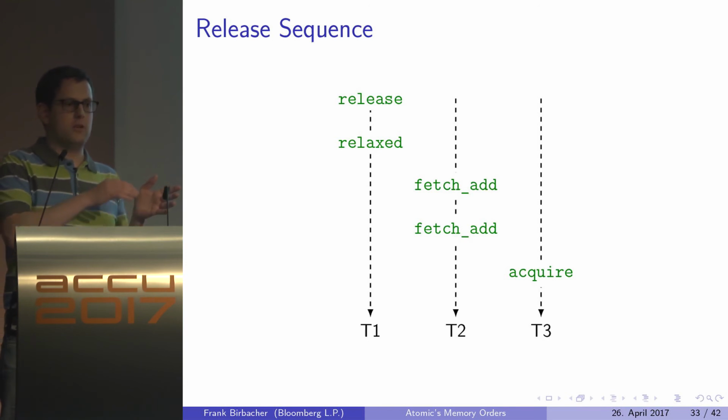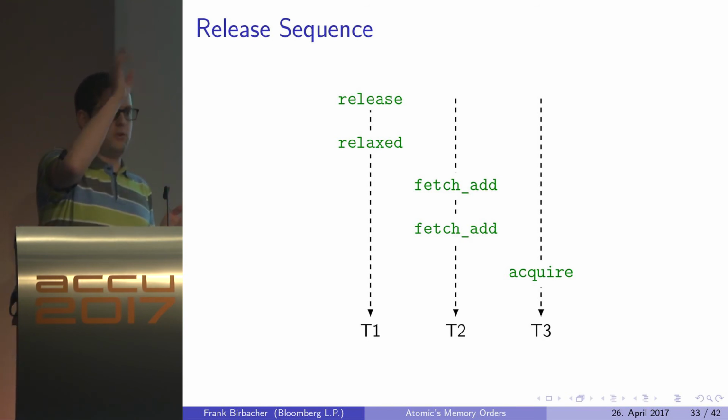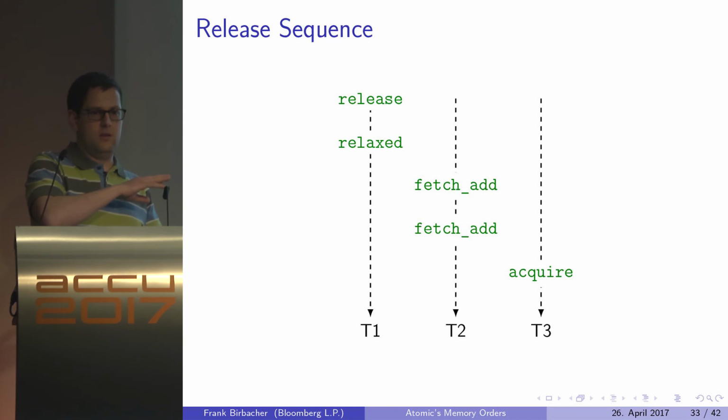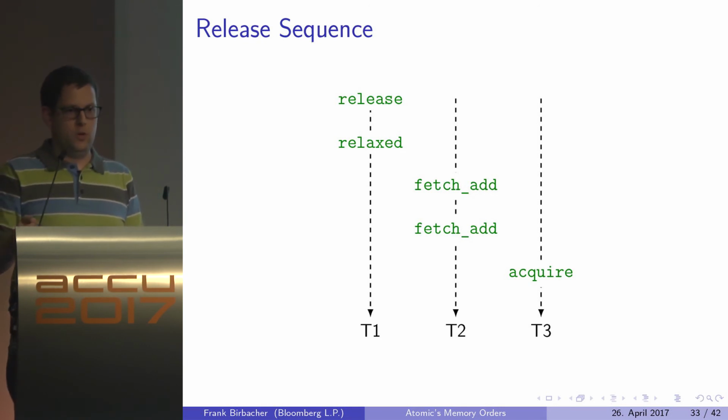But it doesn't matter, because all the previous stores that we released will become visible. All the memory that we changed will become visible. And it even becomes visible if another thread T2 would apply read-modify-write operations on this atomic, whether or not they would be relaxed or acquire-release.